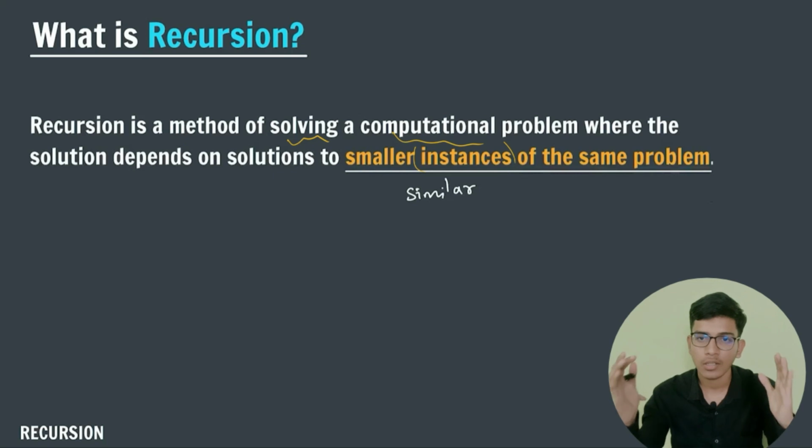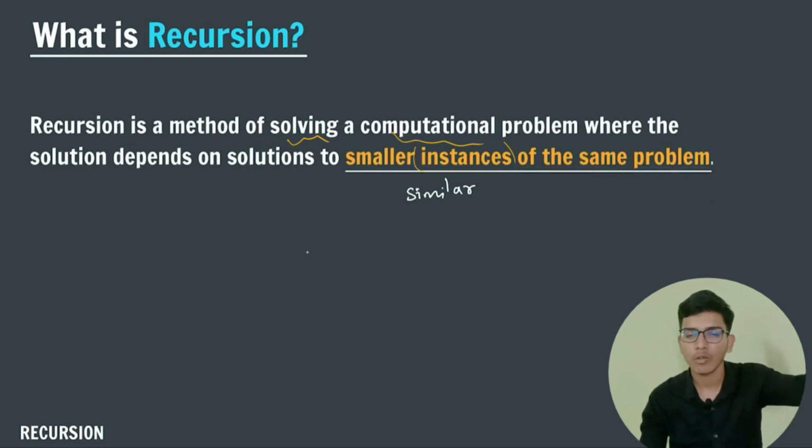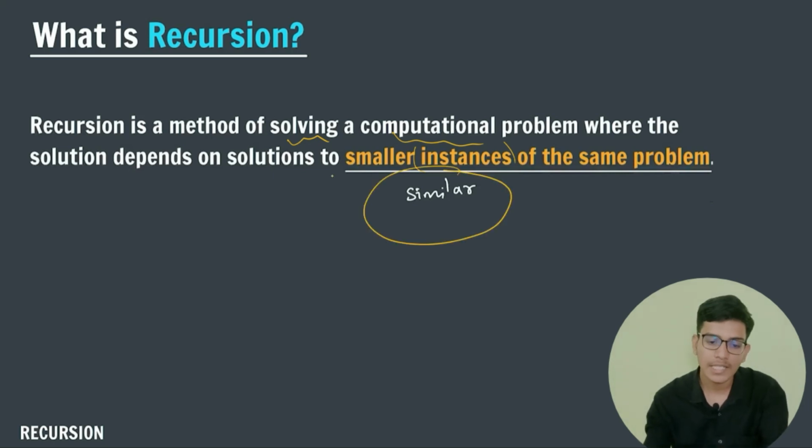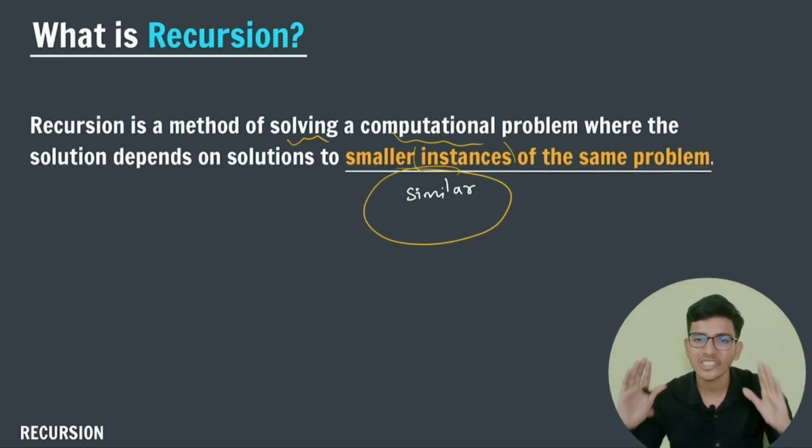So the thing that is going on, calculating factorial, is similar all over the function. I am finding the factorial of a given number. So that is known as similarity.